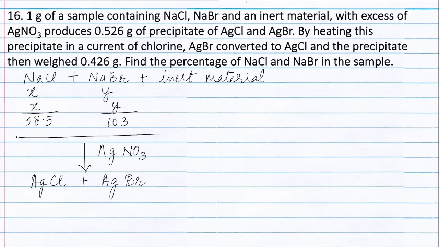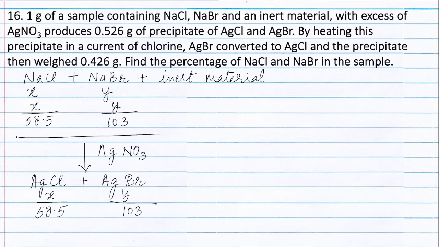Now, applying principle of atom conservation on chlorine atom, moles of NaCl will be equal to moles of AgCl, that is x divided by 58.5 moles, and applying principle of atom conservation on bromine atoms, the moles of AgBr will be equal to moles of NaBr, that is y divided by 103 moles.